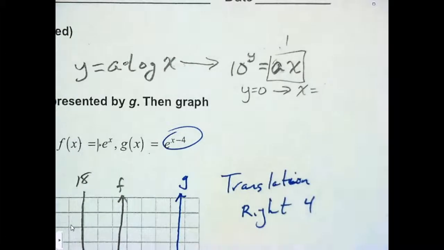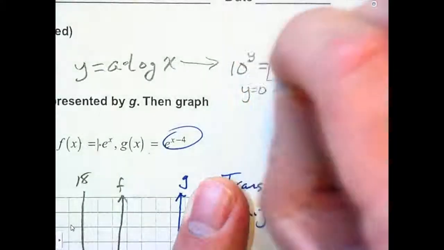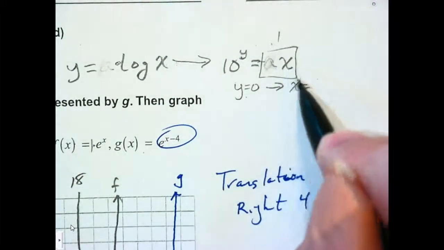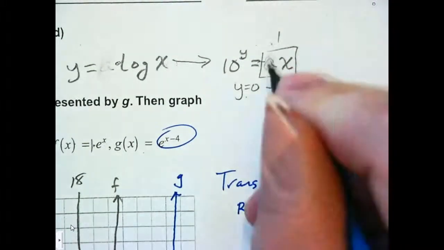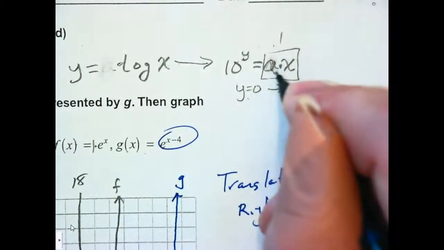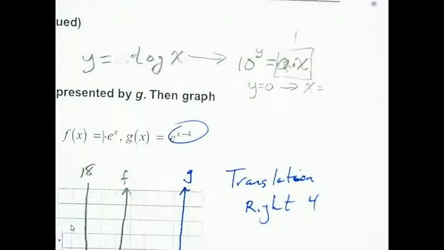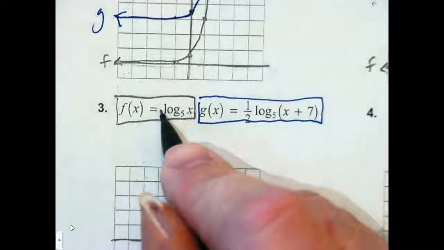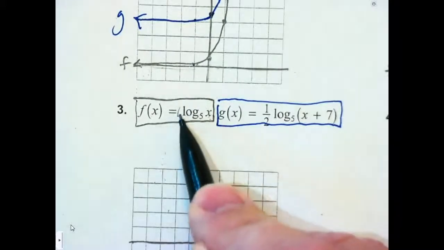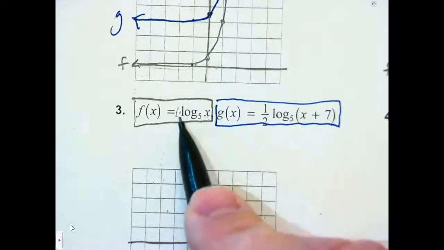Yes. A is going to be your intercept. So let's pretend we don't have the a for a minute. Okay? When y is 0, x is 1, yes? If we have an a, we'd have to multiply 1 by whatever. So in other words, our a value is our intercept. So if I'm looking at this, what is my a? 1. Therefore, my intercept is 1.